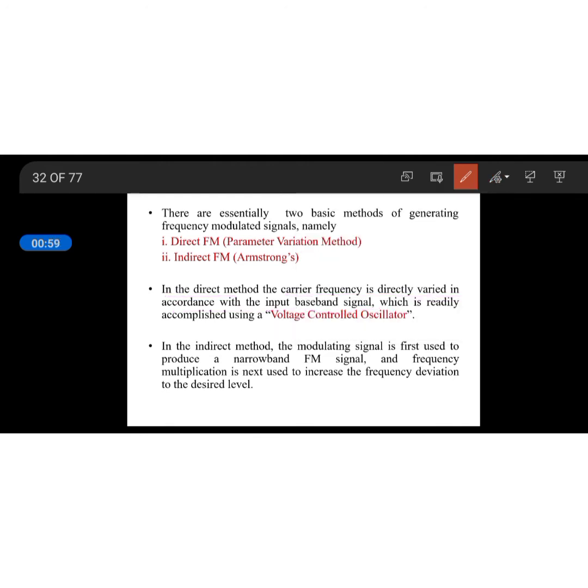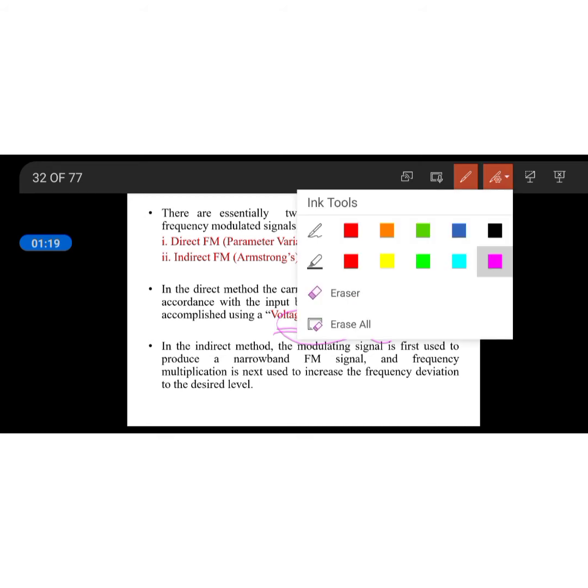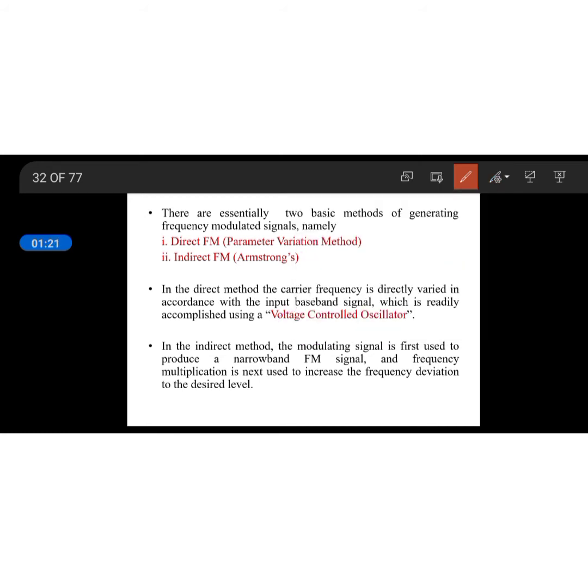A voltage controlled oscillator is nothing but an oscillator whose frequency of oscillation, the VCO's output, can be controlled by applying an external voltage. So in the direct method, the carrier frequency is directly varied in accordance with the baseband signal.